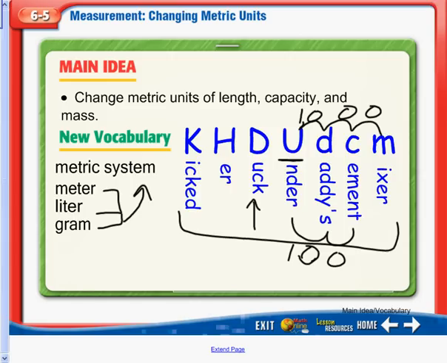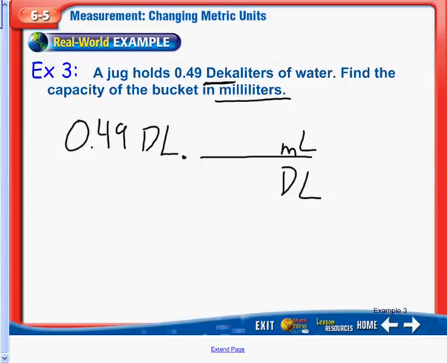So looking at our chart, deca is capital D right here, milli is way down here. So move 1, 2, 3, 4 letters. So that means we're going to have 4 zeros, so that's 10,000. We got 1 decaliter, and there's 10,000 milliliters.